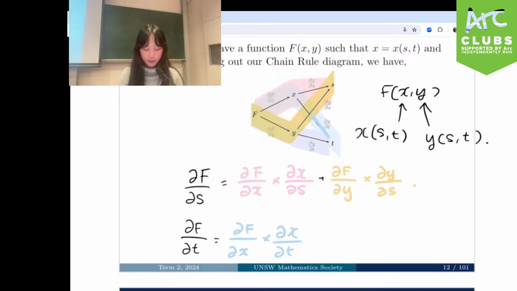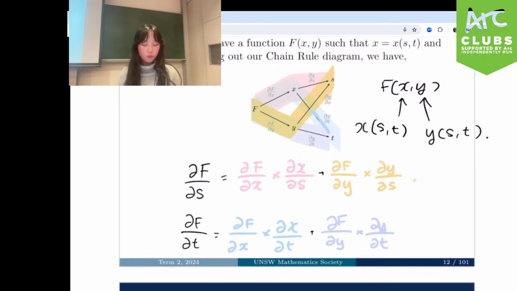And the bit that's in purple signifies delta f on delta y multiplied by delta y on delta t. Okay, so this is how you calculate the partial derivatives for slightly more complex multivariable functions that have variables that are also multivariable functions.